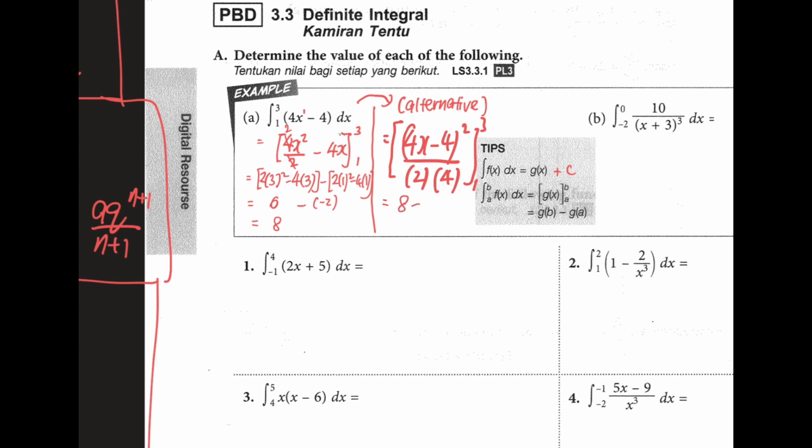Now minus with the substitution of the lower limit, substitute 1 into the x. So I just count straight away. 4 minus 4 becomes 0, 0 divided by whatever is still 0. At the end, 8. So same answer. No matter which way you use, at the end, same answer.